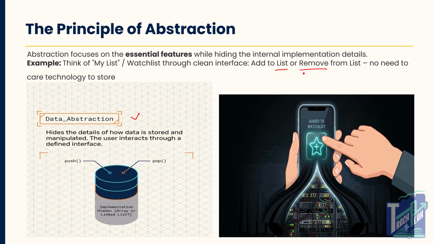But the user need not care about the technology used to store this data. Hiding the details of the data, how it is stored, what technology is used to store it, or what servers are used to store and handle this data, all these details are hidden. This is called data abstraction.